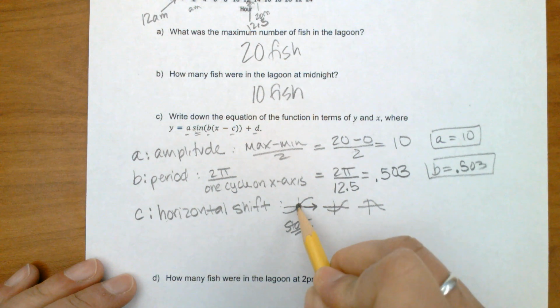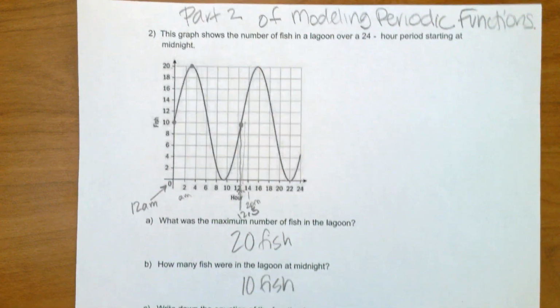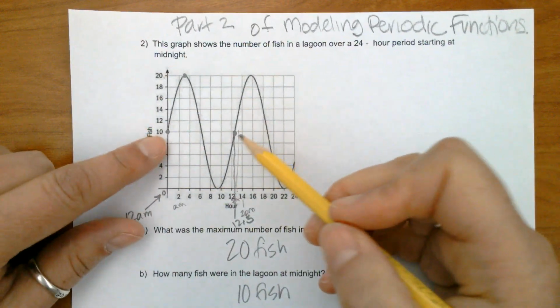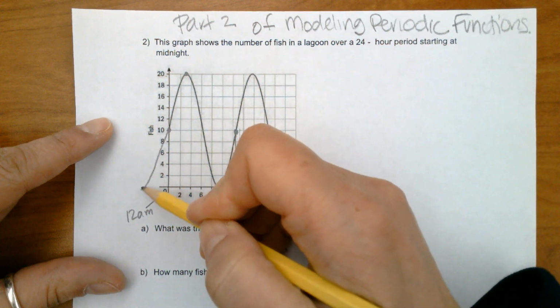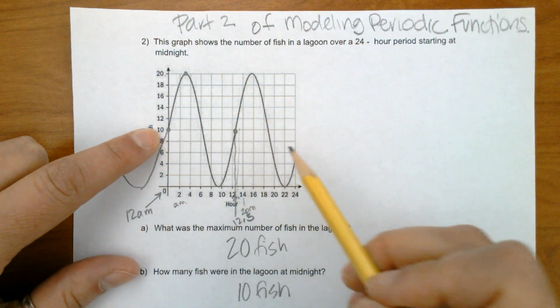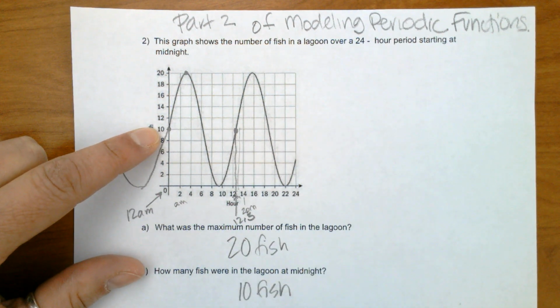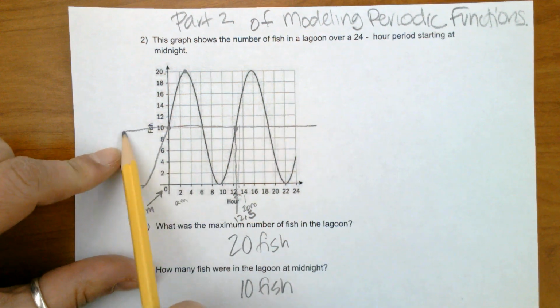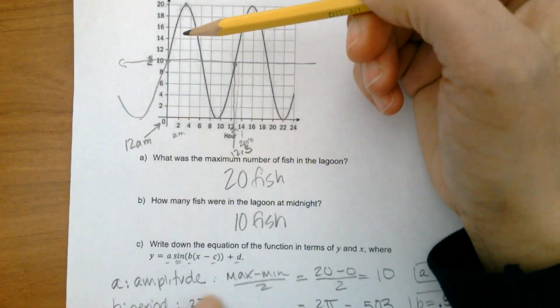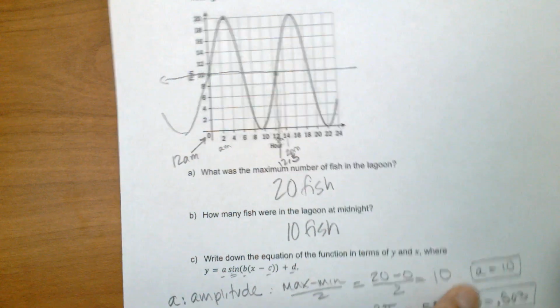So let's see. This is where we started from. We start where the middle is at 0. So let's see if we shift it anywhere. Okay, so this graph, if we did continue going back down and back up, the middle of our graph is right here, because remember, it goes back to amplitude. Amplitude is 10, right?